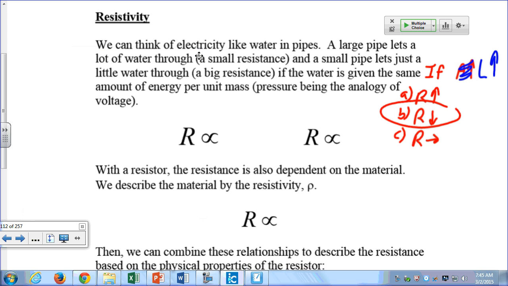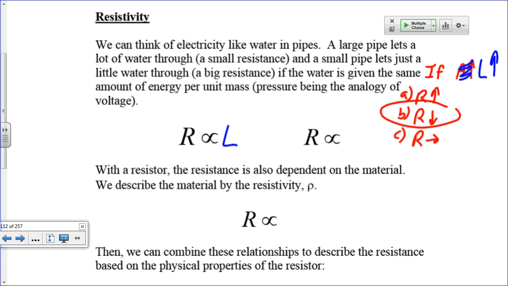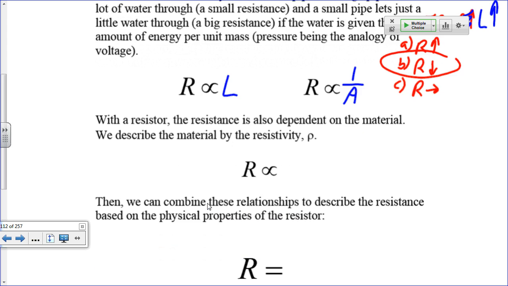All right, so we have these two relationships. The resistance is proportional to the length, and the resistance is proportional to 1 over the area. There's also another relationship that's dependent upon the material, and that's called the resistivity. The resistivity is directly proportional to the resistance. Some materials will have a high resistivity, and some materials will have a low resistivity. So among these two, A or B, which would have the highest resistivity?